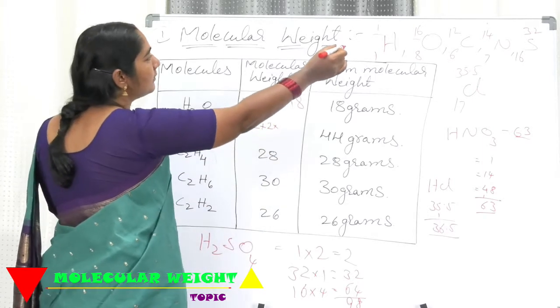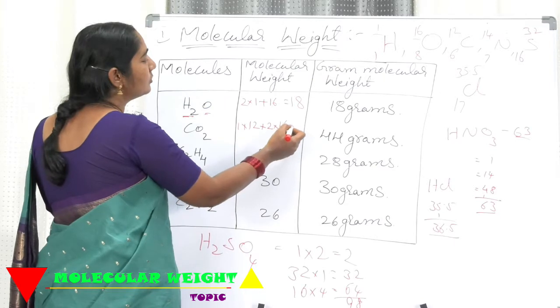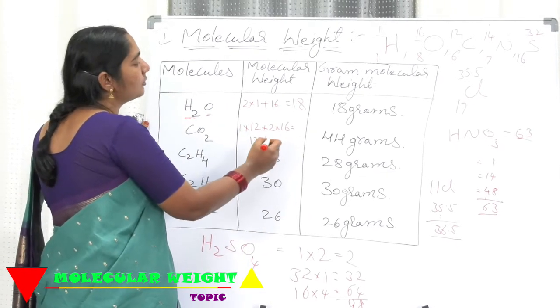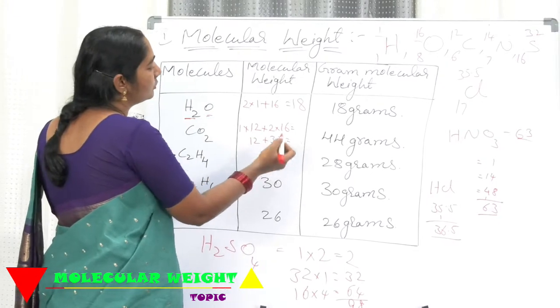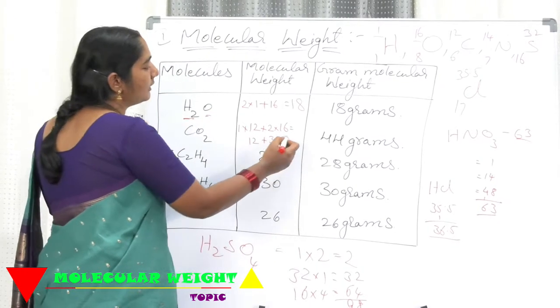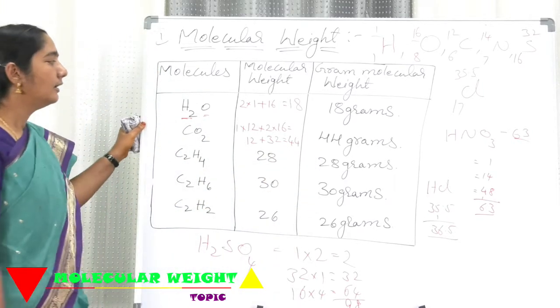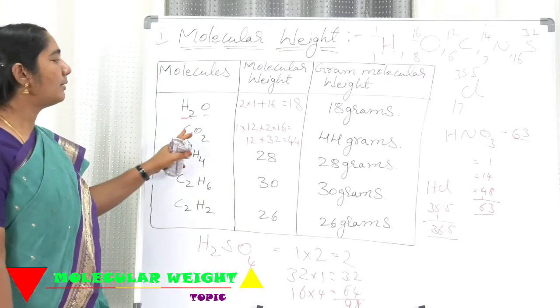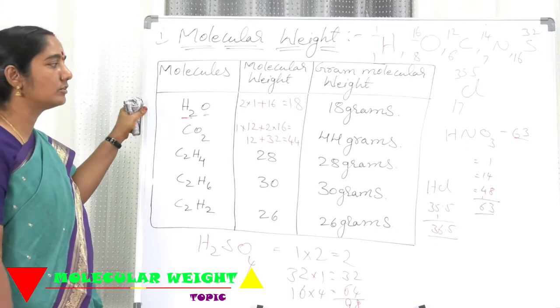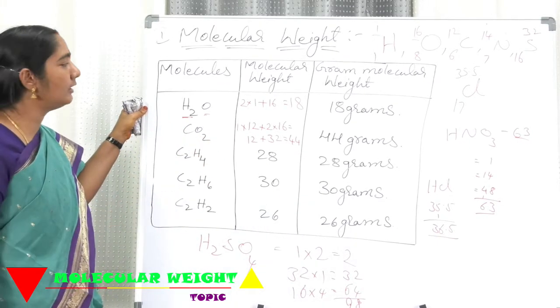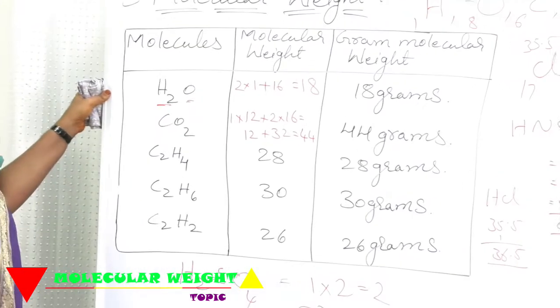Oxygen atomic weight is 16, so 16 twos are 32. 32 plus 12 is 44. So 44 is the molecular weight of carbon dioxide. In grams, 44 grams is called the gram molecular weight. You can very easily find it out.